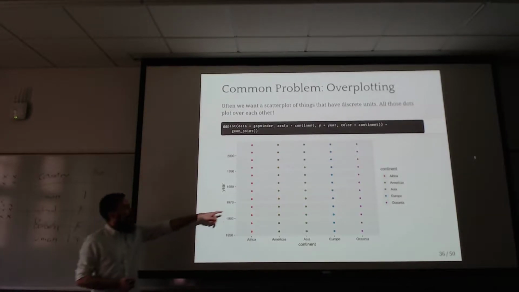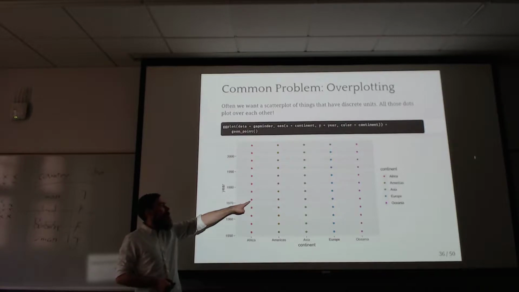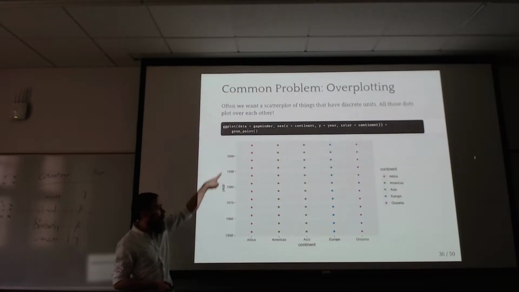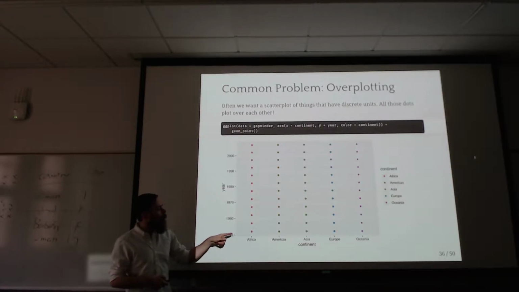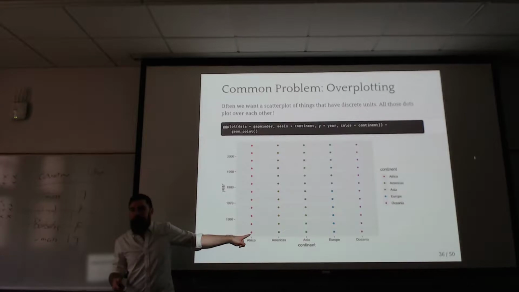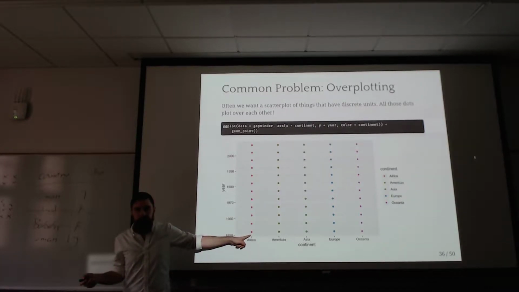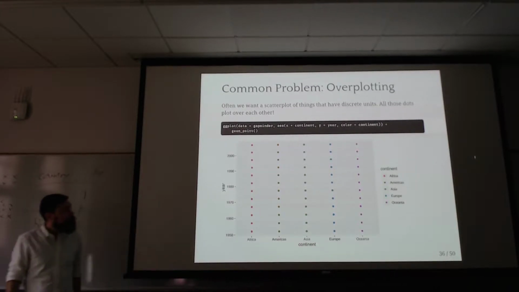Every single observation in Africa in 1972 is exactly at this point in the data. If I have year here and my continents over here, we don't know if this dot represents one country or 50 countries. This is called overplotting. It's really common if you have discrete units.